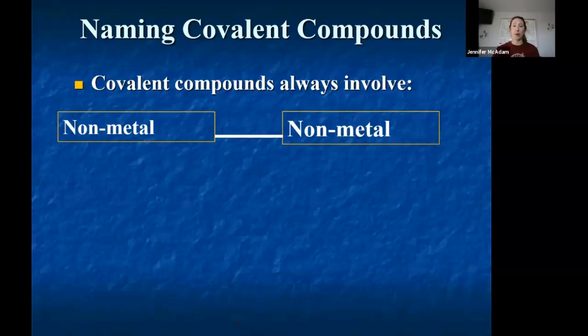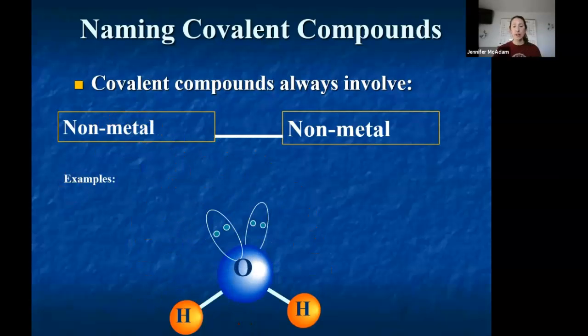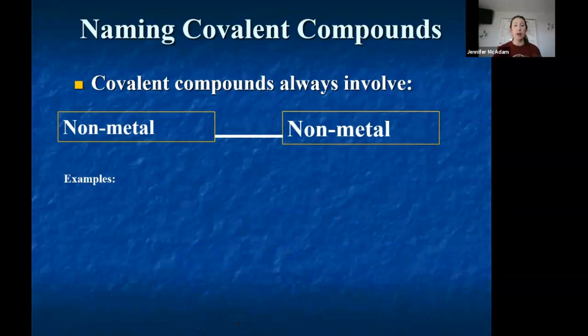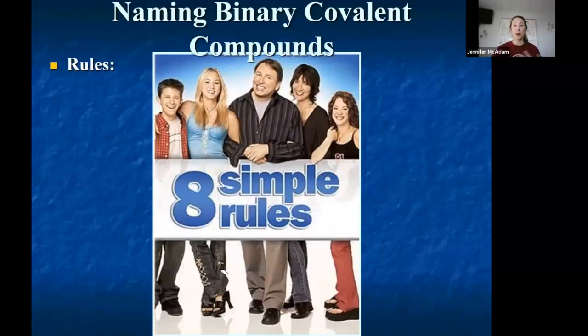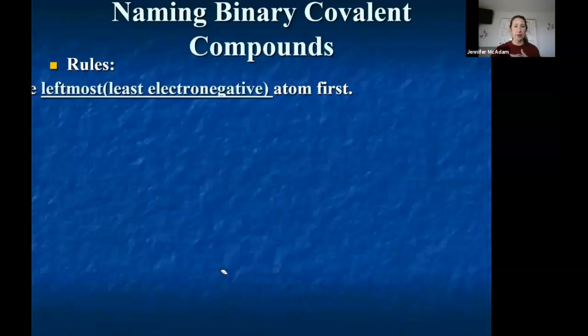So a covalent compound or a molecular compound is two nonmetals. For example, oxygen is a nonmetal, hydrogen is a nonmetal, so that's going to be a covalent compound. Carbon dioxide: nonmetal, nonmetal. So now we're looking at the top right corner of the periodic table, and there are only 3 simple rules to name these covalent or molecular compounds.